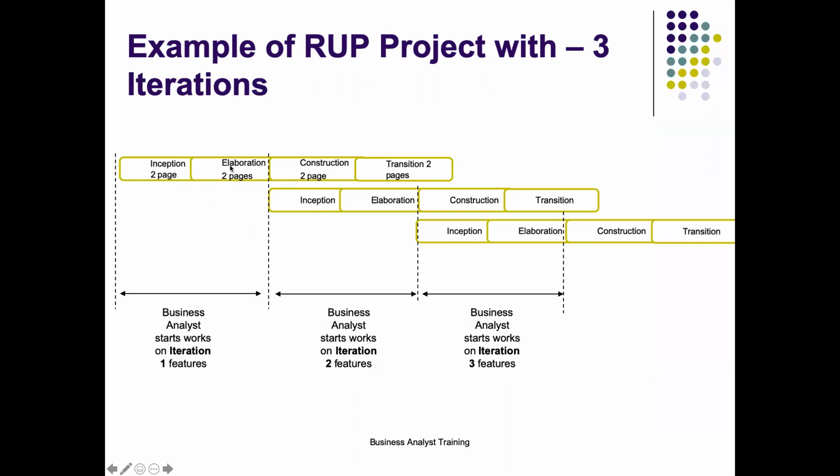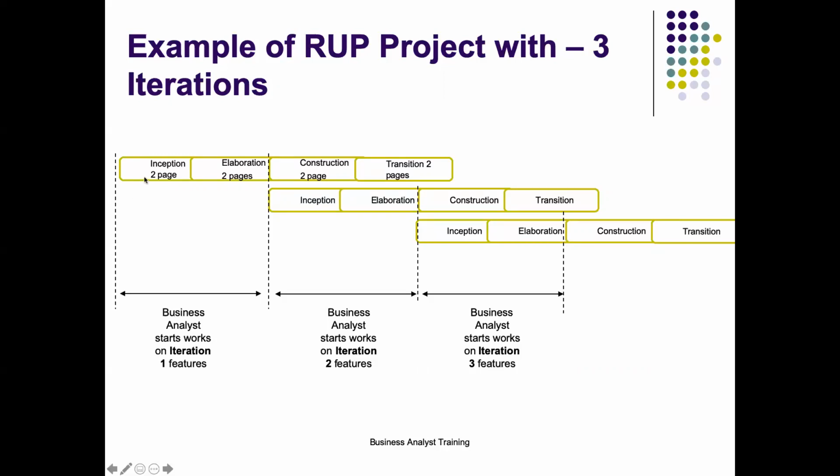So you will do inception, elaboration, construction, transition, everything, and then you will repeat it again for another chunk of the things that are remaining, and then you will repeat it again for the remainder. So basically, you are repeating the phases again and again in small chunks, creating small chunks of repetition of the entire process, all the phases.